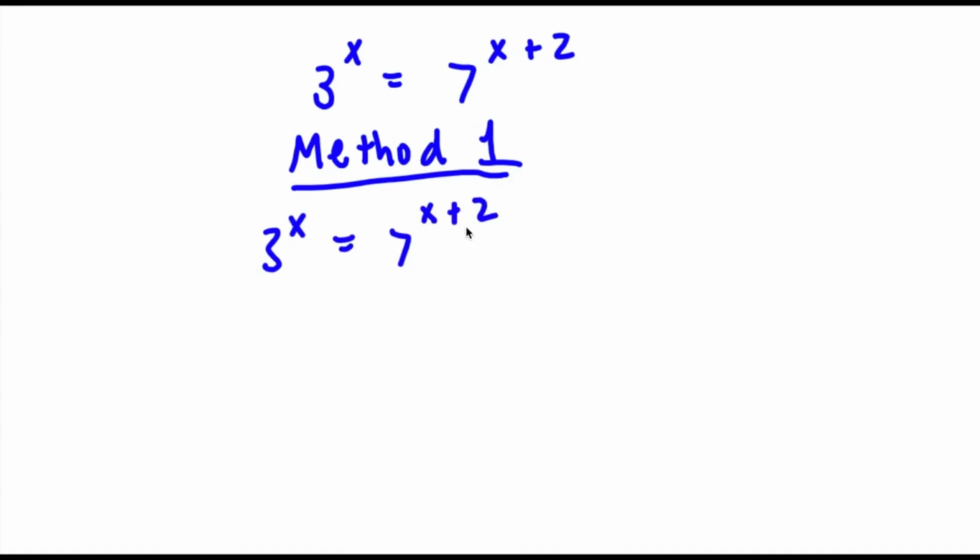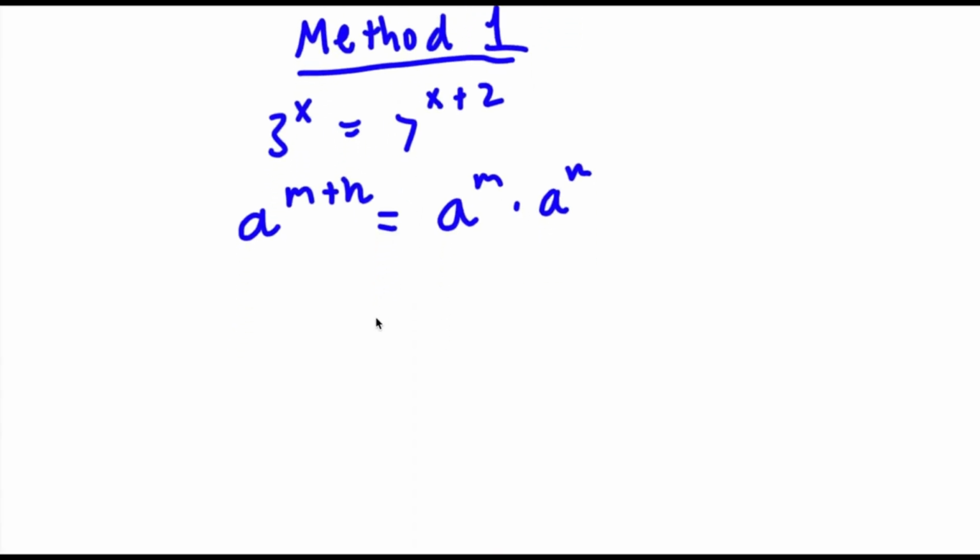Now, 7 to the power of x plus 2, well, if I have something in the form a to the power of m plus n, this is equal to a to the power of m times a to the power of n. So in this case, a is equal to 7, m is equal to x, and n is equal to 2.